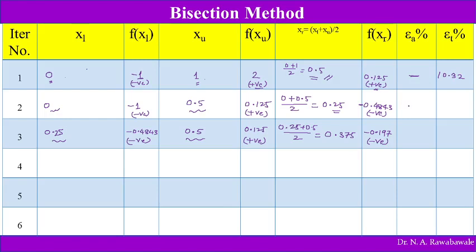Then again we have to find the approximate error. The previous approximation is 0.5 and the new approximation is 0.25.